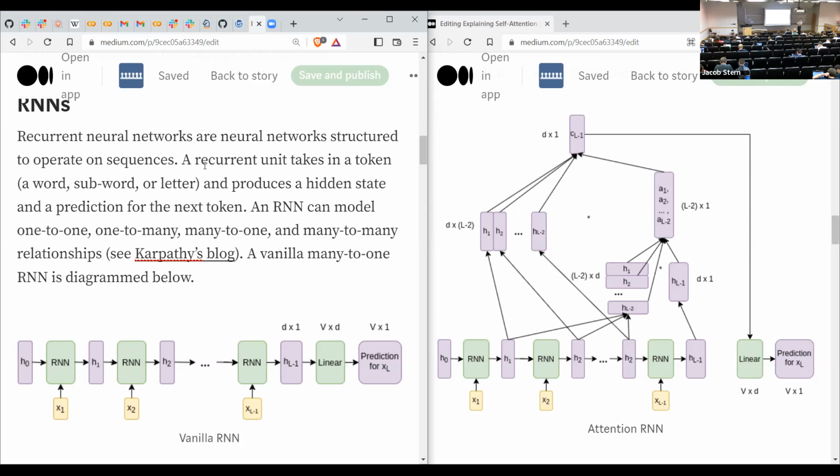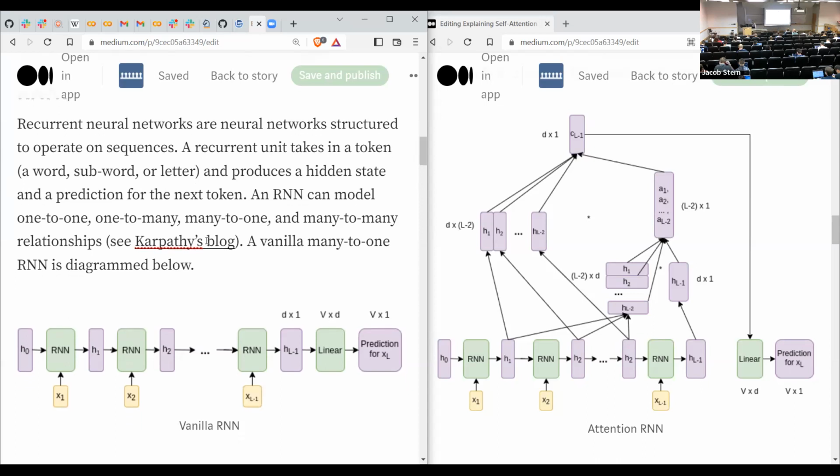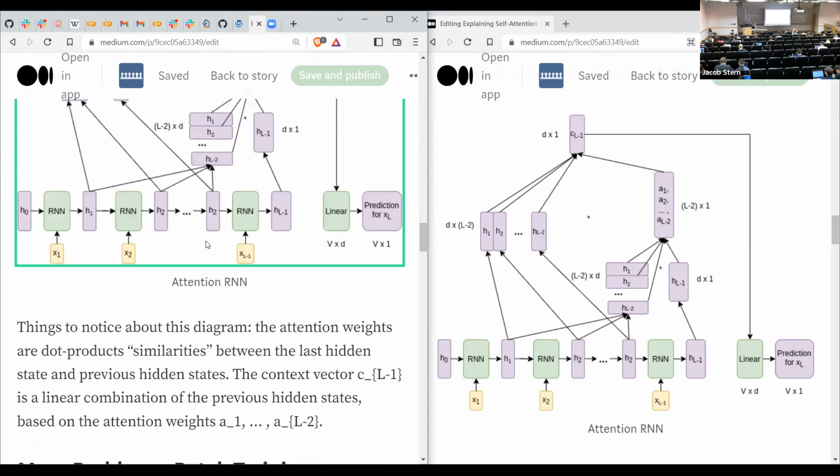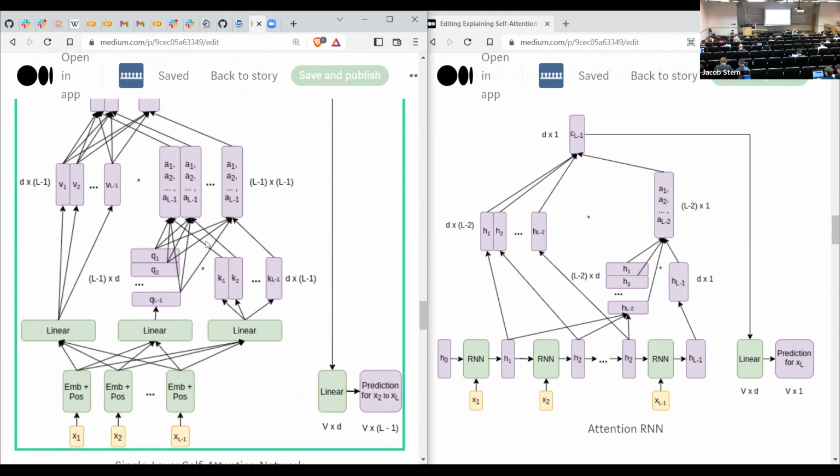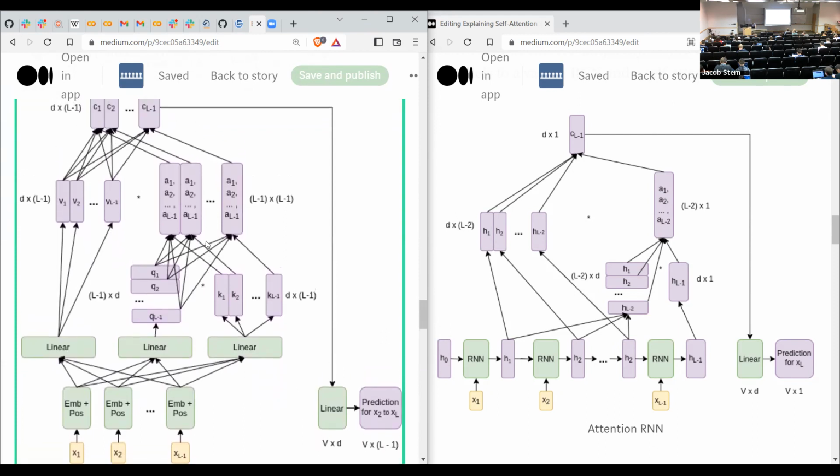Yeah, you could totally think of it that way. And that's actually kind of a reason why. Well, actually, we're just not going to go into that. But that is a very insightful observation. So now we're going to compare the attention RNN to a self-attention RNN, or a self-attention network.